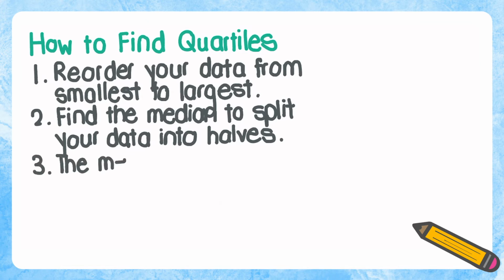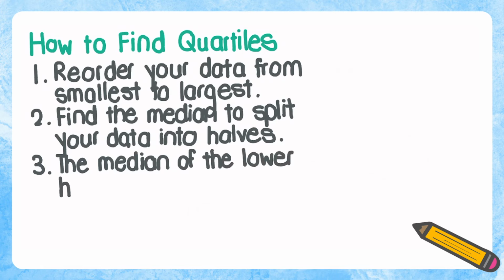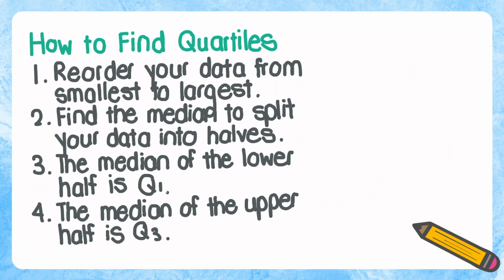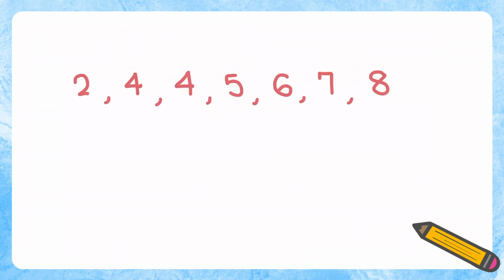The median of your lower half is going to be the first quartile, aka Q1. And then the median of the upper half is going to be the third quartile, also known as Q3. So let's look at an example here.